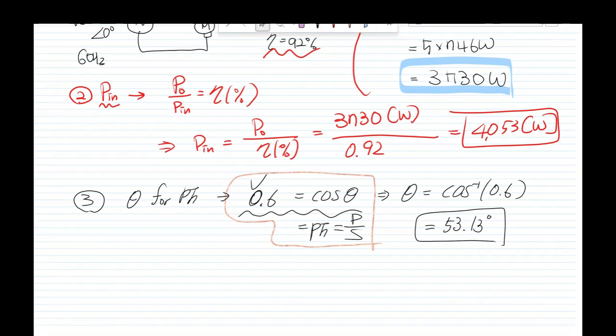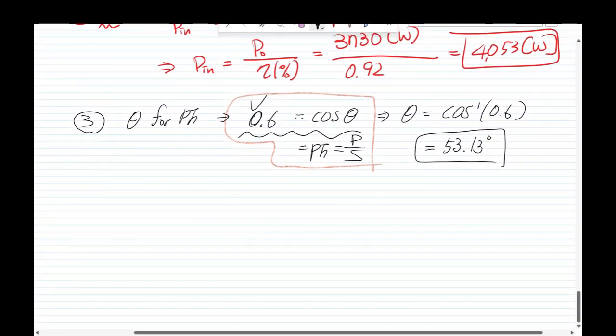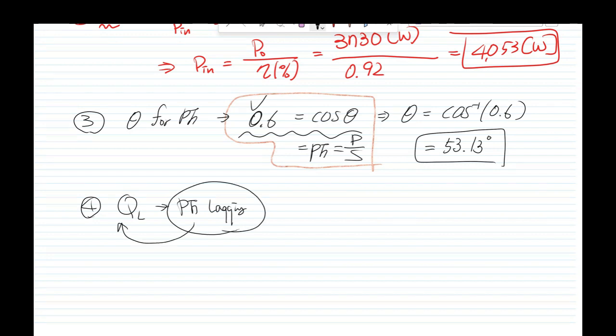From the triangle, before we draw it, we have to know about Q sub L. Why? Because a lagging power factor means an inductor, the Q for the inductive load.